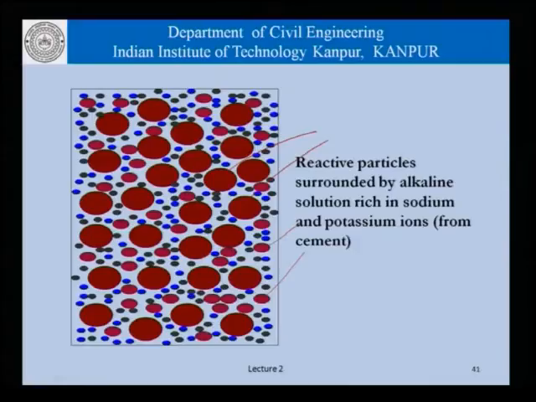They are surrounded by an alkaline solution which could be rich in sodium or potassium ions, hydroxyl ions, calcium ions and so on. As far as alkali-aggregate reaction is concerned, it has been found that usually it is the sodium and the potassium ions which are the potential culprits of causing this reaction, and they are coming into the pore solution from cement.